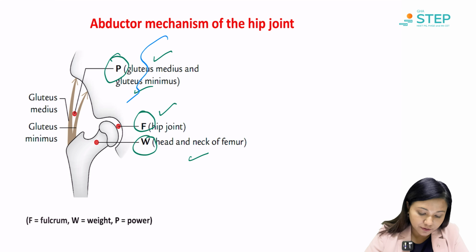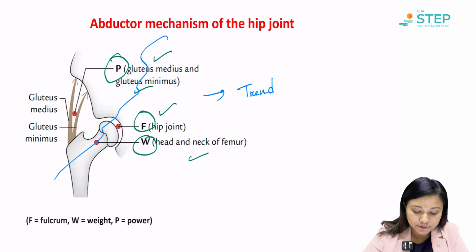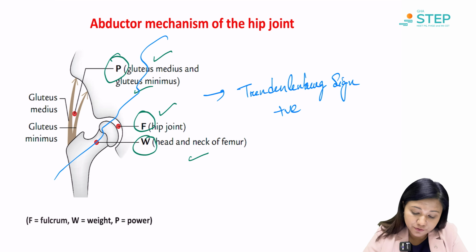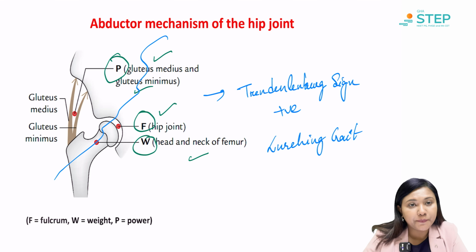Any disruption of this abductor mechanism will lead to a positive Trendelenburg sign, leading to your lurching gait.